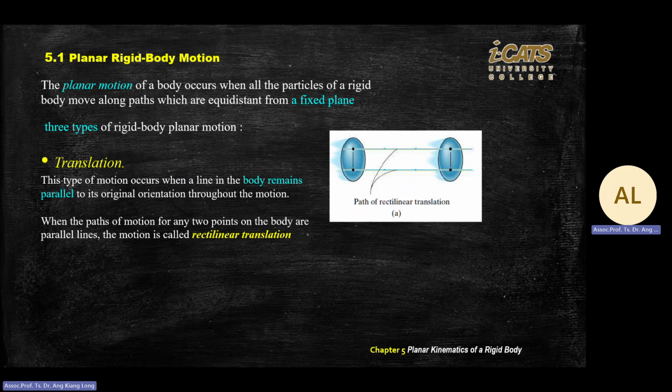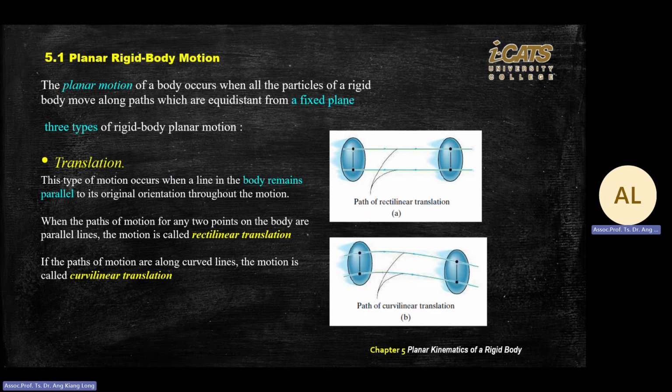Okay, so for translation, the criteria is that the two points must be linked with one line. If it's a straight line, it becomes rectilinear. Second, like what you learned in chapter 1, 2, 3, you have curvilinear motion. Same when we look at a rigid body, your point translates in a curved motion. So the second translation is called curvilinear translation.